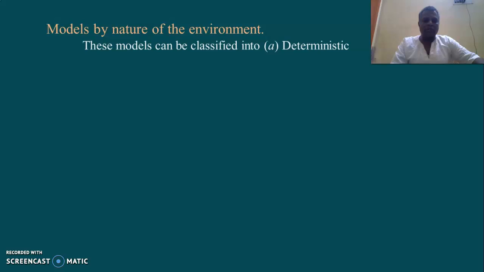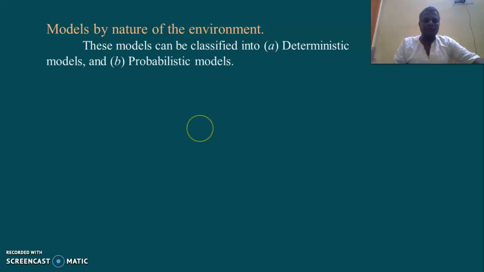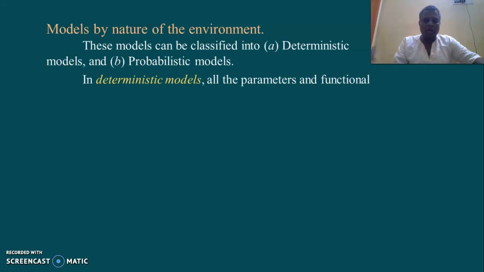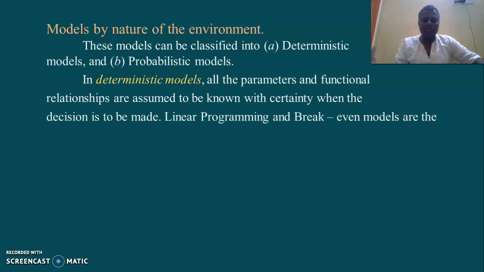Models by nature of environment. These models can be classified into deterministic models and probabilistic models. In deterministic models, all the parameters and functional relationships are assumed to be known with certainty when the decision is to be made.